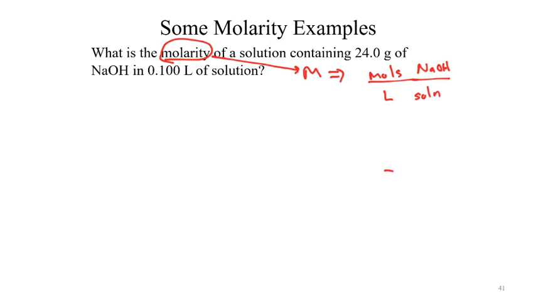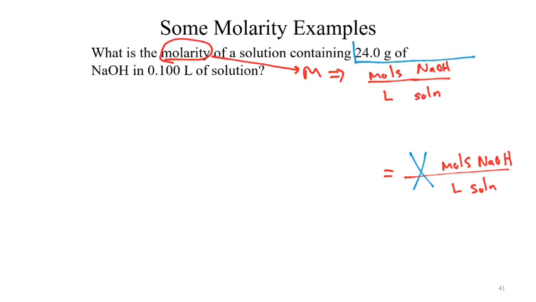If that's what I want for a final answer, I now need to come up with a way to organize all of the given information so that I can figure out what numbers need to go in front of this. So let's go back and look at the rest of the given information.